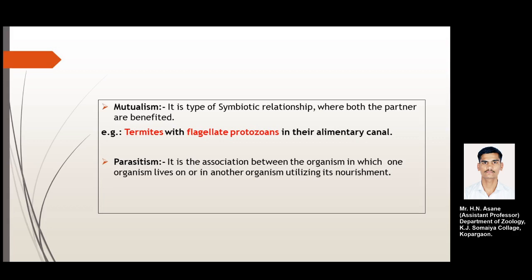We all know that wood is made up of a high fiber that is known as cellulose, and cellulose is indigestible to us. That's why we are not eating cellulose. But these flagellate protozoans in the alimentary canal of the termites secrete one particular type of enzyme, and the cellulose gets digested by the termites.